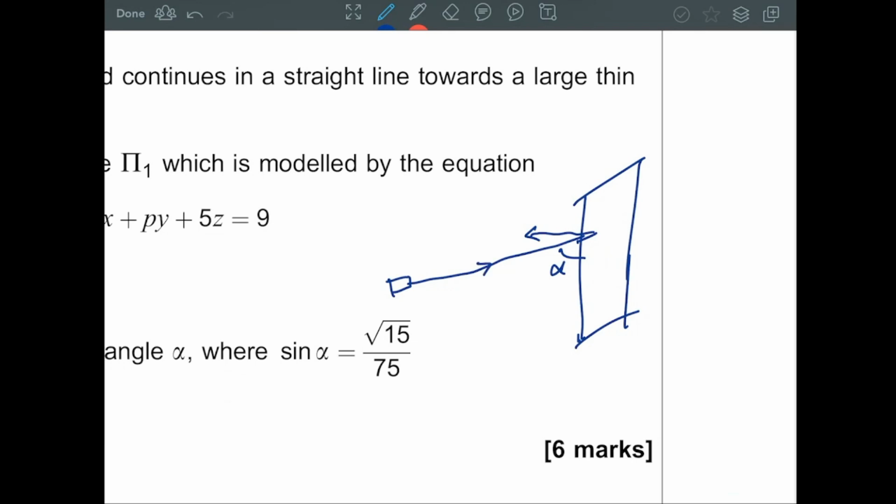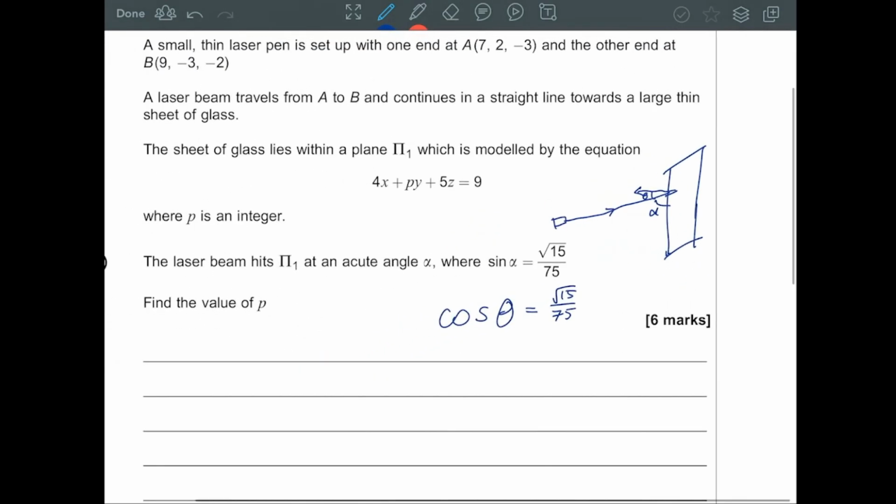Now, the thing to remember is when finding the angle between a line and a plane, we actually find the angle between the line and the normal. So we actually want to find this angle here, theta. And this is another one of those really cool trig facts. If you have two angles that add to 90, cos of one is exactly sine of the other. So really what the question has told us is that cos theta is root 15 over 75.